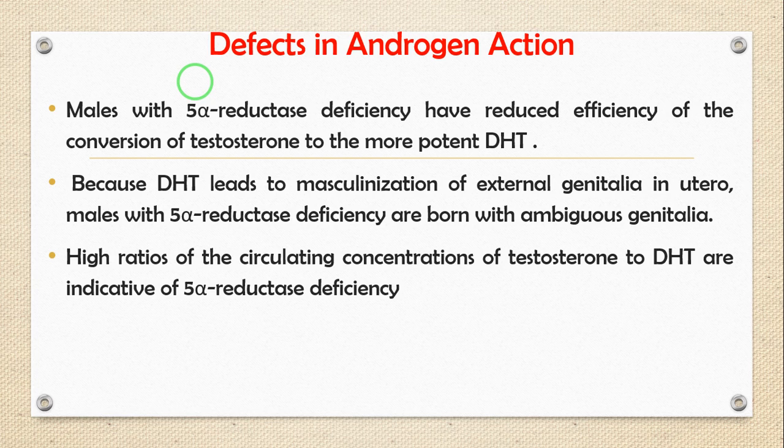It means that the conversion from testosterone to dihydrotestosterone is limited. So this is the diagnostic biochemical test that can allow us to suspect that this patient has a defect in the level of 5-alpha reductase. He has a deficiency in this enzyme.